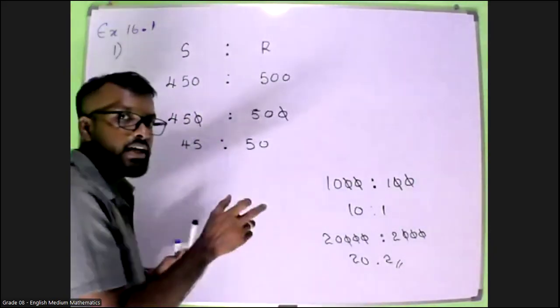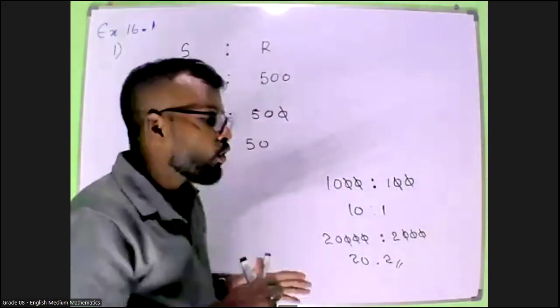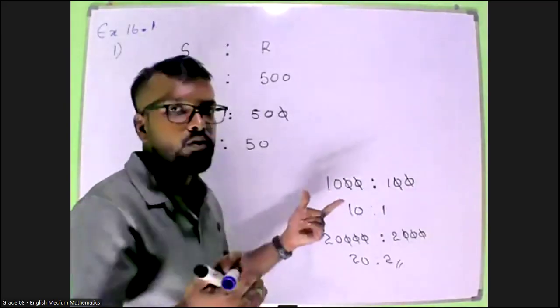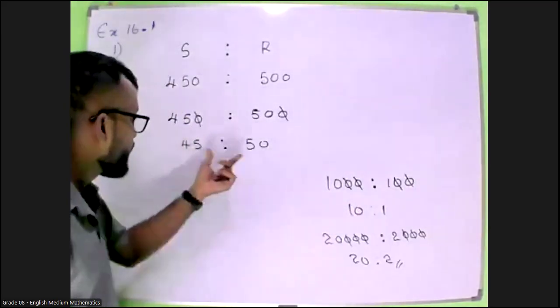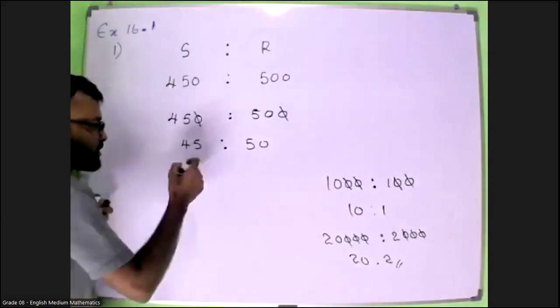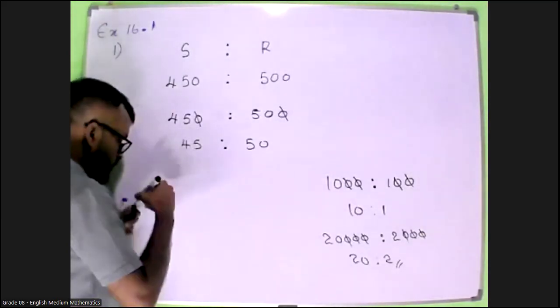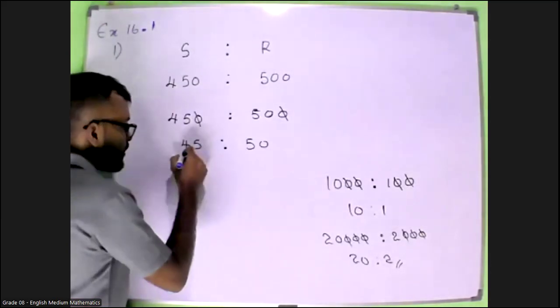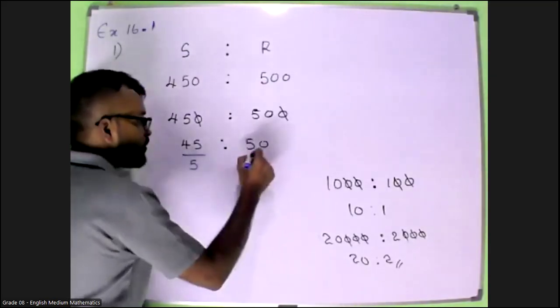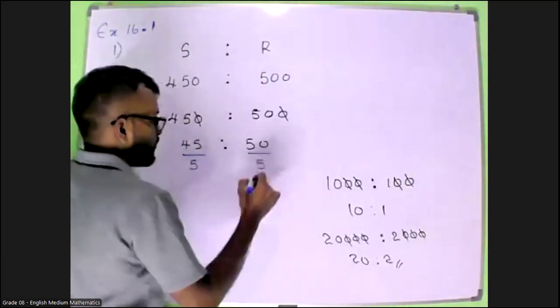The common factor for 45 and 50 is 5. These are multiples of 5. So I will divide both sides by 5. This side divided by 5, this side divided by 5.